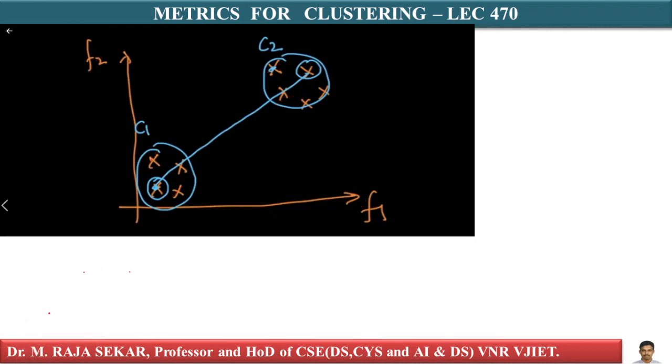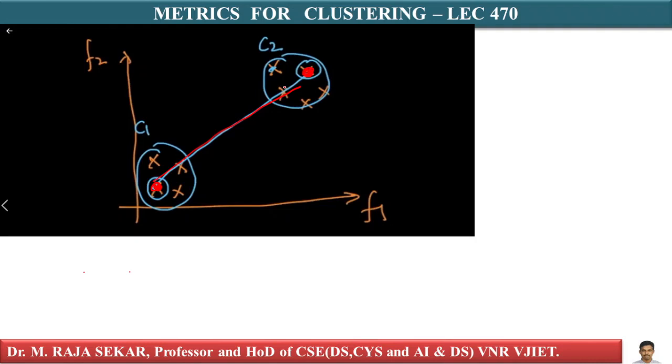So in the Dunn index, Dij is the distance between Ci and Cj. It uses the farthest points. Take a point here and a point here. This is the distance.